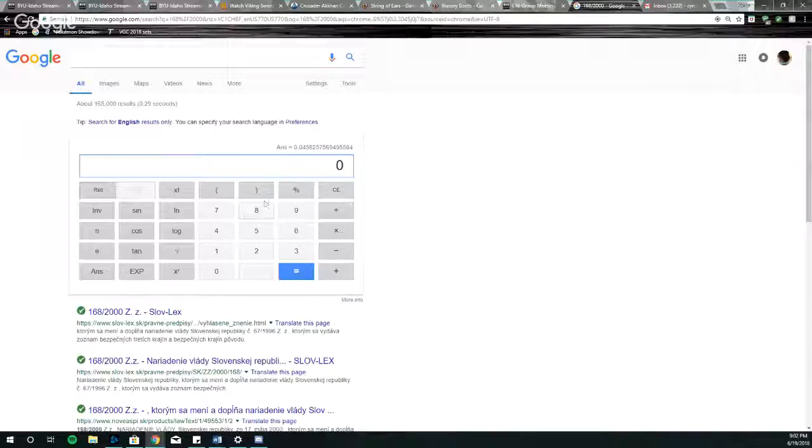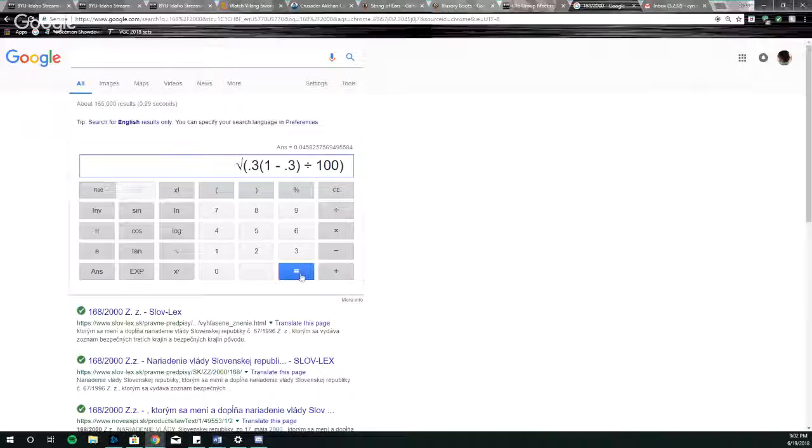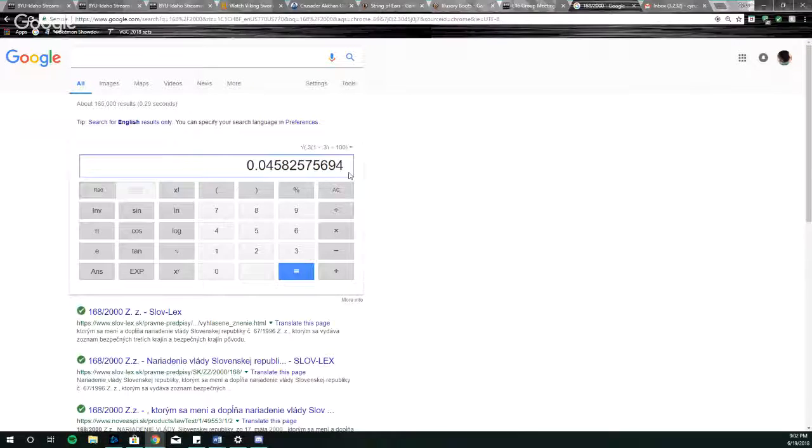Yes, I see it. All right, so I would do square root 0.3 parentheses 1 minus 0.3 divided by 100, right? And then close the parentheses so it all is under the square root, and then that's what I got. Okay. So I do it in one step.